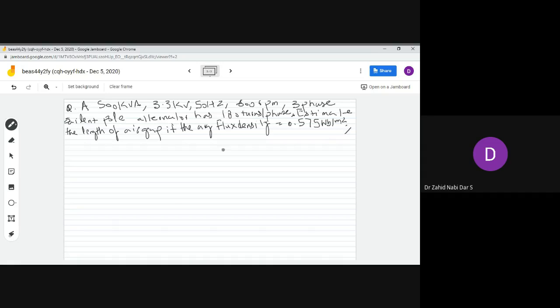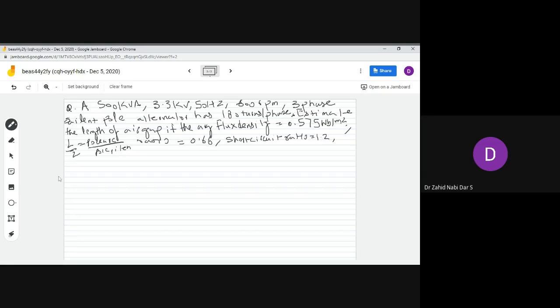The pole arc to pole pitch ratio, that is L by tau, is equal to 0.66. The short circuit ratio, SCR, is given as 1.2.